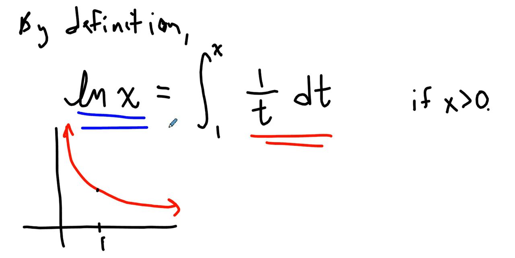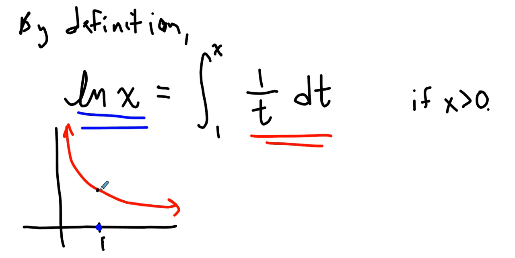The natural log function will be the blue function. So let's remember some things from Calculus 1. We're integrating the red function from 1 to x, and that will give us the natural log of x. So if we want the natural log of 1, that's the integral from 1 to 1, and that integral is 0. So the natural log of 1 is 0.